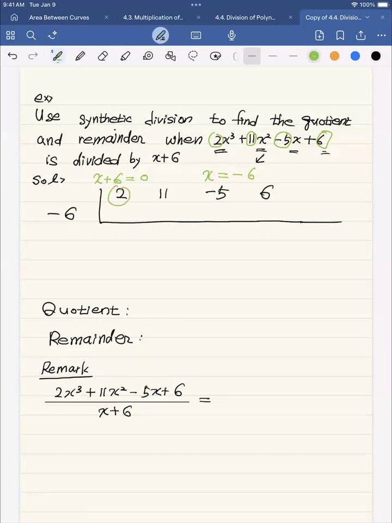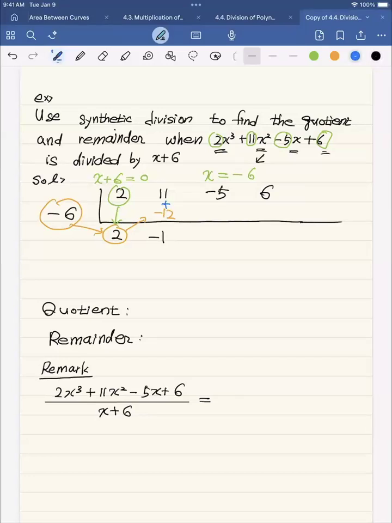And as I said, you just copy 2 under the horizontal line, and then you start to multiply. -6 times 2 is -12. And then when we add both vertically, that is -1.